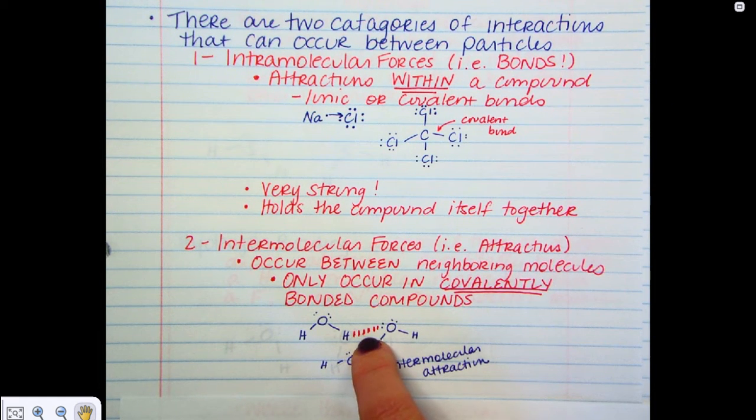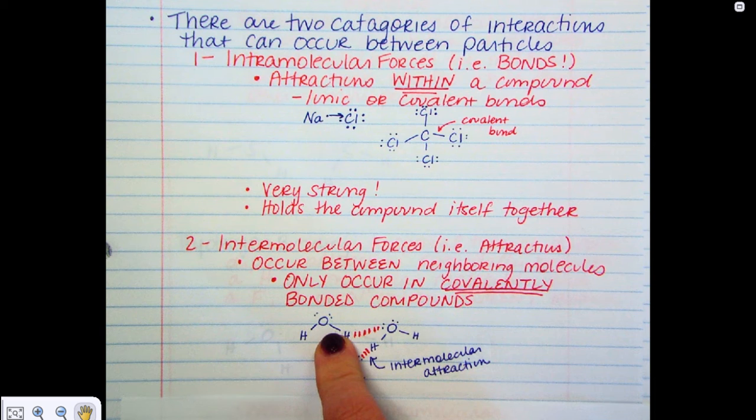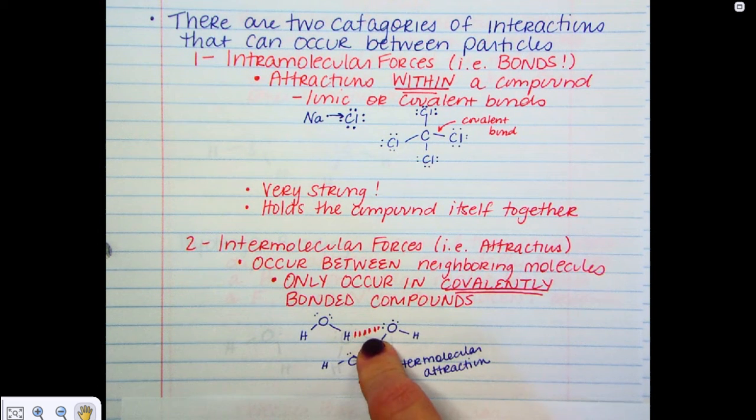But when water melts from ice to liquid, or boils from liquid to gaseous, the water molecule, the H2O portion of this, still stays together. The covalent bond is not broken. The attraction is lengthened or shortened depending on what phase change we're doing.